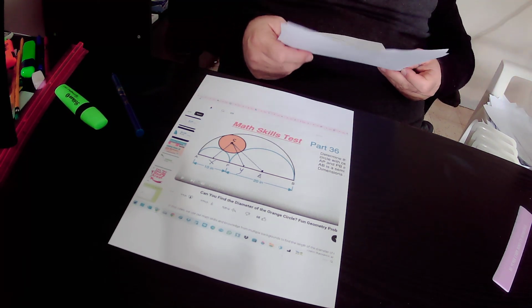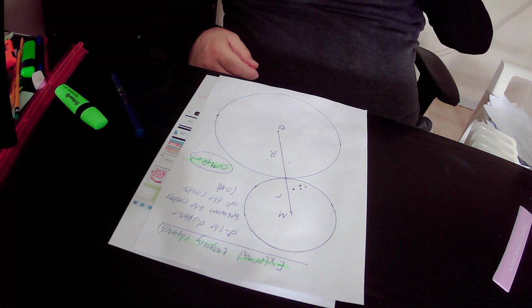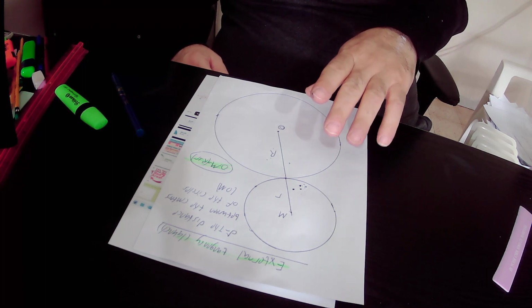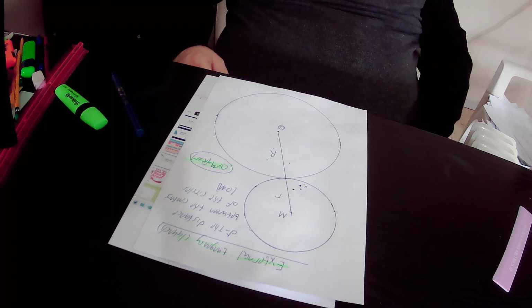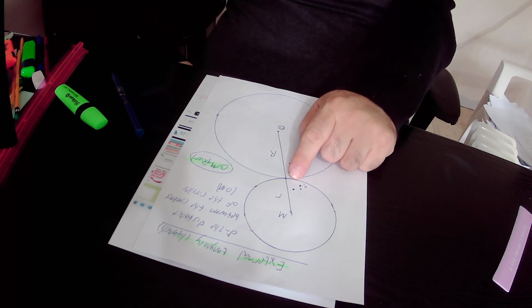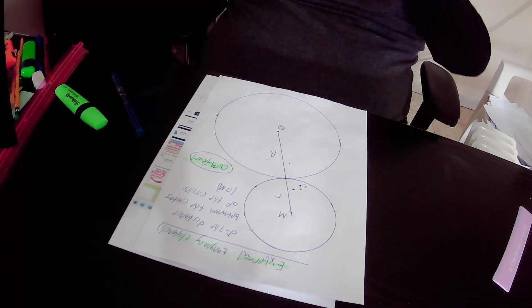We have two types of tangency. Either it can be the external tangency. This is the example of the external tangency. Those two circles are touching each other externally at this point. So this is the point of tangency between the two circles.